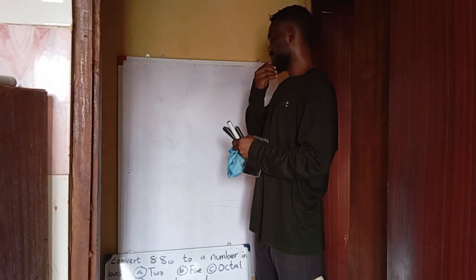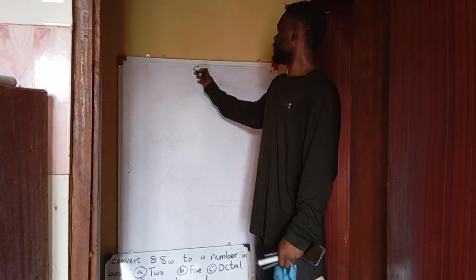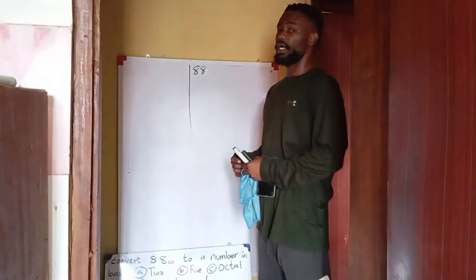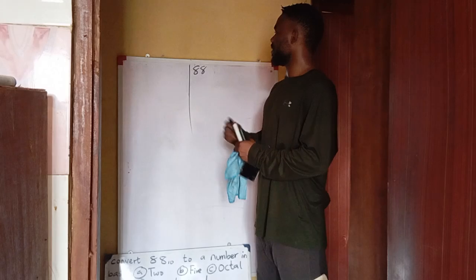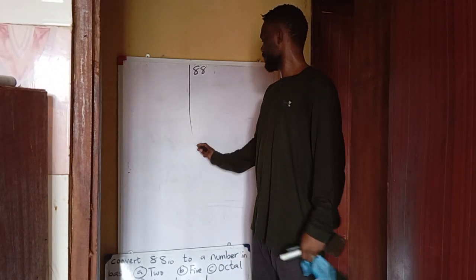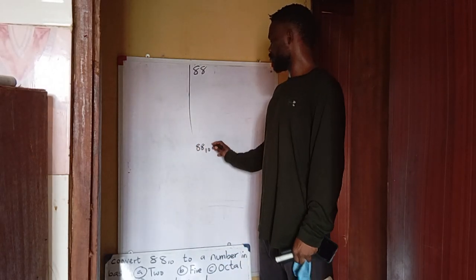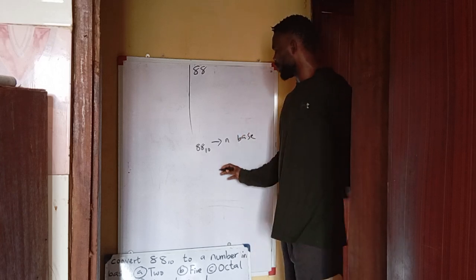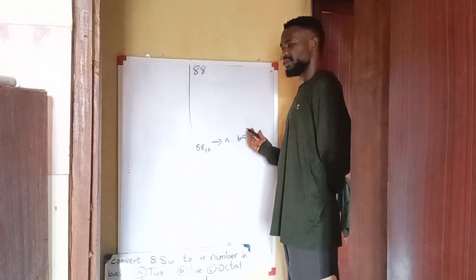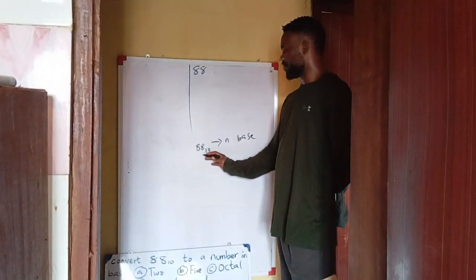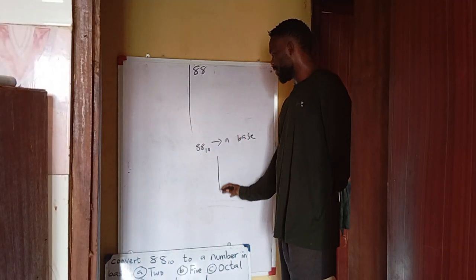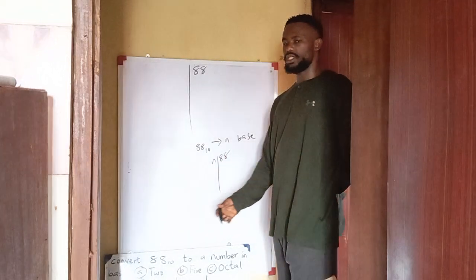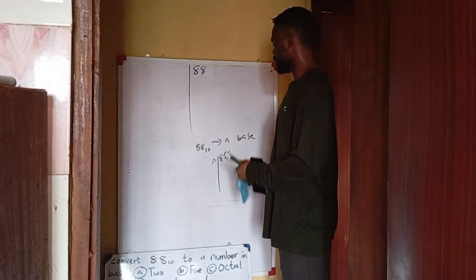So I have 88, and when I'm doing this, I'll make sure that anytime I'm converting from base 10 to any base, be it base 8, base 10, base 20, base whatever, I'll simply take the value given to me in base 10 and divide it throughout till I get 0. Let's use that approach.